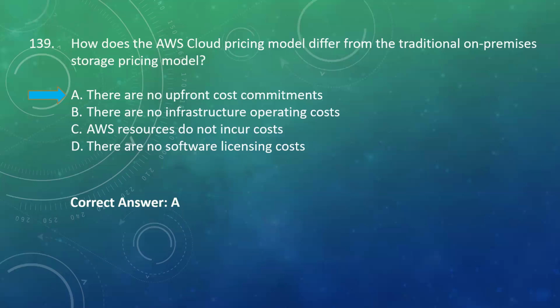If you don't know about capital expenditure and operational expenditure, I already have a series which is more focused on Azure, but I have a video in that series explaining the differences between CapEx and OpEx. So I would recommend you go through that video, which I'll be linking to this one as well. Let's move to the next question.